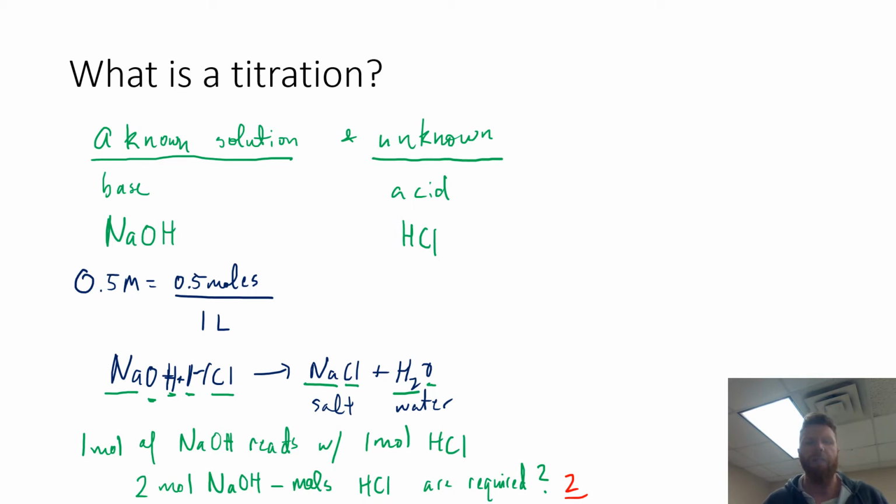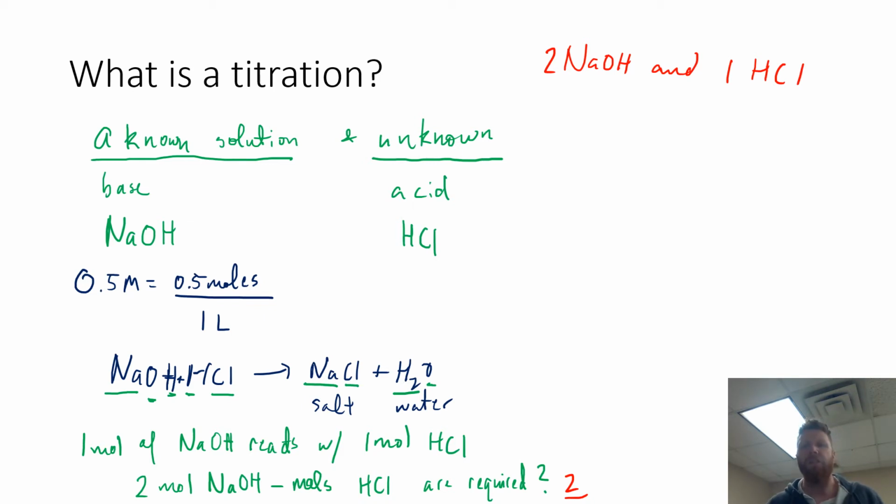So what that means is if you have 2 moles of sodium hydroxide and 1 mole of HCl, well then there's a little bit of an imbalance. Is the reaction still going to take place? Absolutely. But are you going to generate as much product? No, you're not. So if we said we had 2 moles of NaOH and 1 mole HCl, what does that mean?